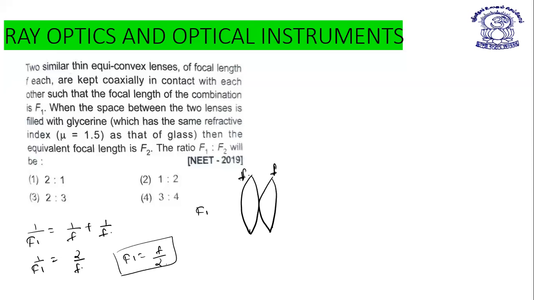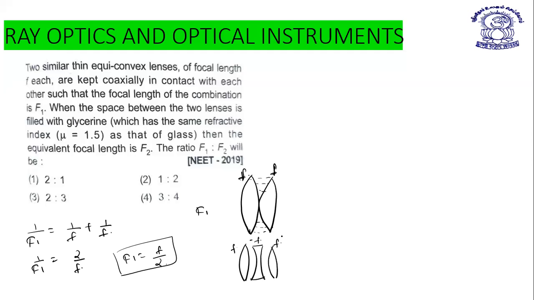Now, when glycerin is filled in the space between these two lenses, we can see this as one convex lens of focal length f, in between a concave lens of same focal length f but negative, and third is a convex lens again of focal length f.